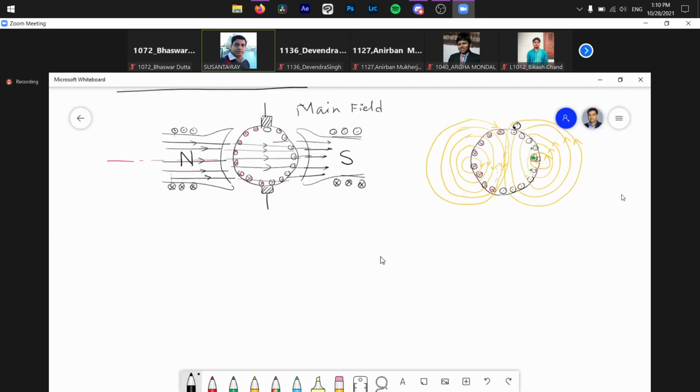So anyway, I said this because we have two fields. One field is generated by the field winding, another is generated by the armature winding. Two I have drawn separately. So this is the armature field.